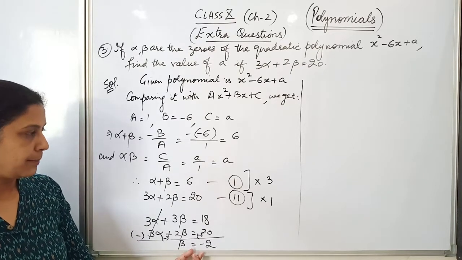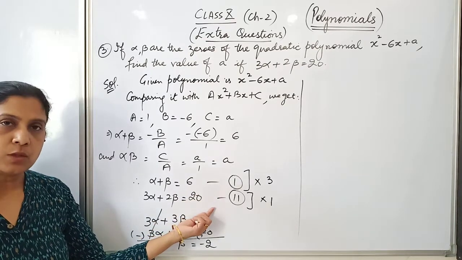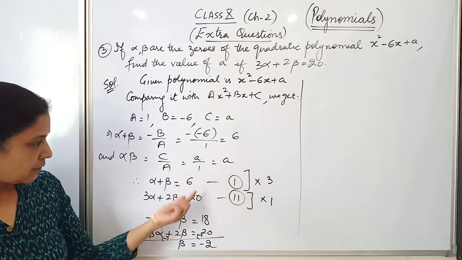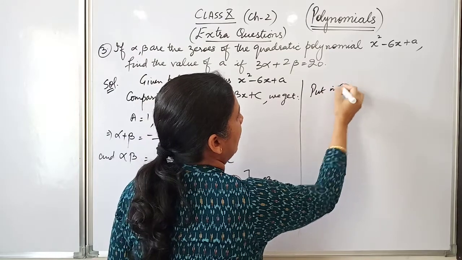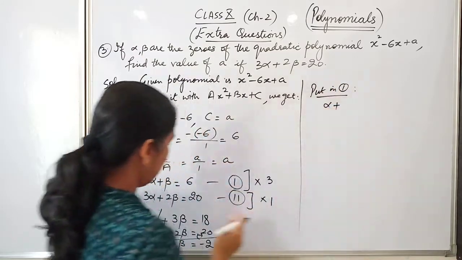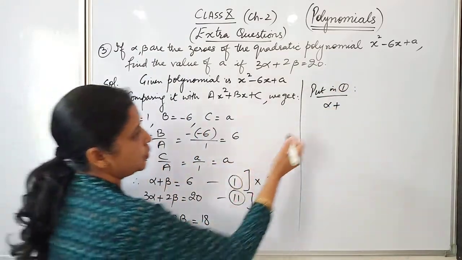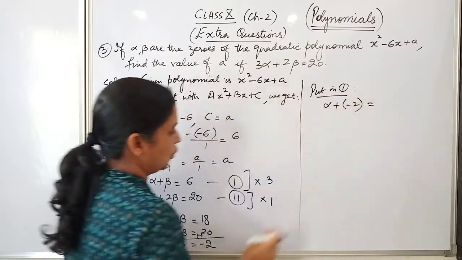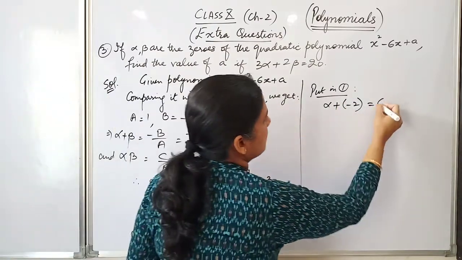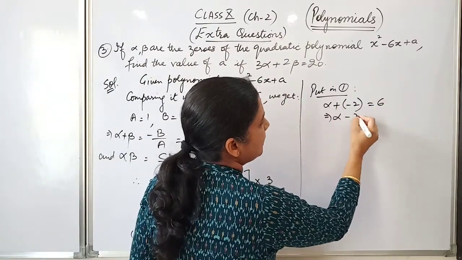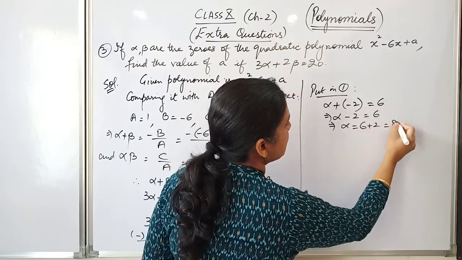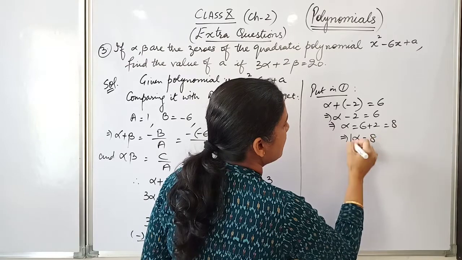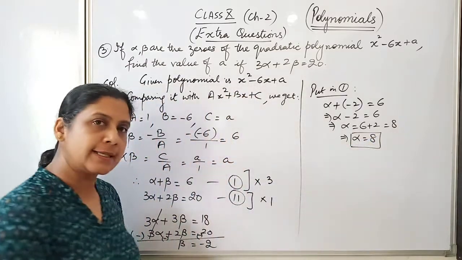This value can be put in number 1 or number 2, whichever you find easy. I think the first is easier, so I'll be putting it in 1. Alpha plus beta, I'm going to put beta's value as minus 2, is equal to 6. Alpha plus minus 2 is equal to 6. So I get alpha as 6 plus 2, that is 8.